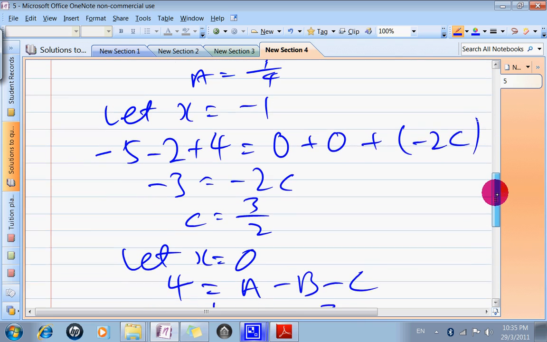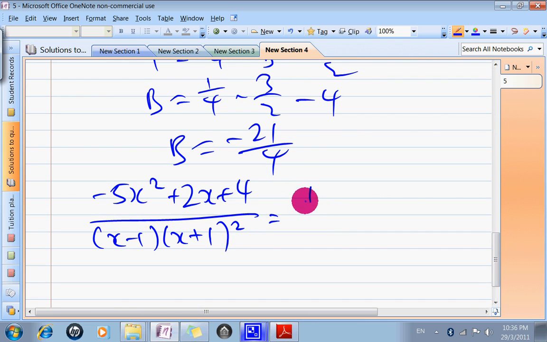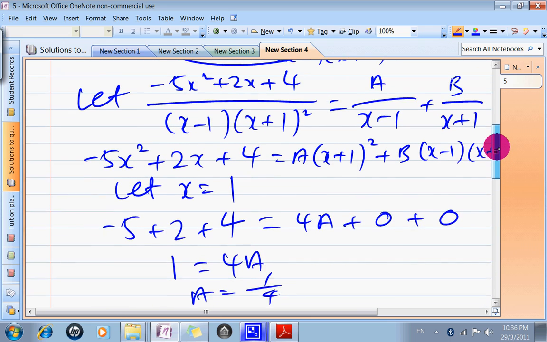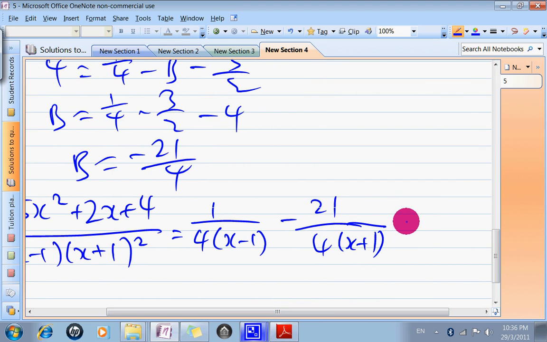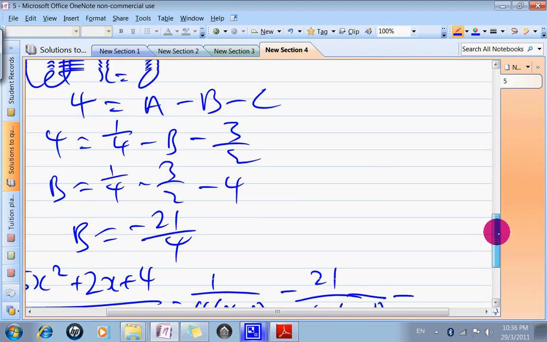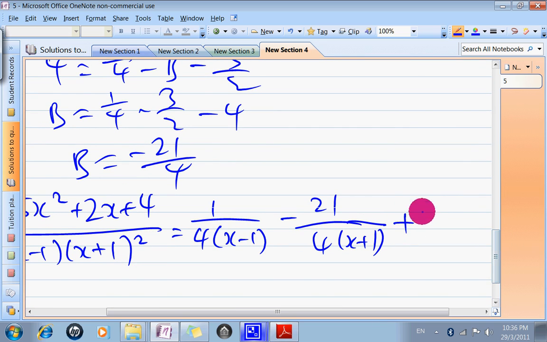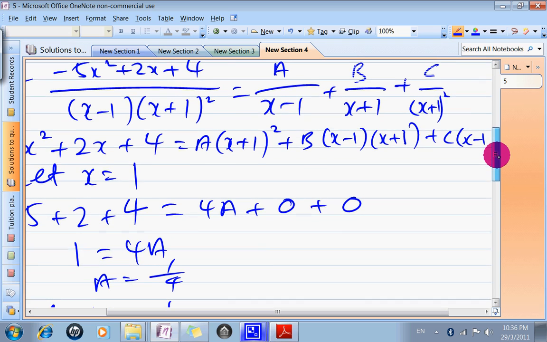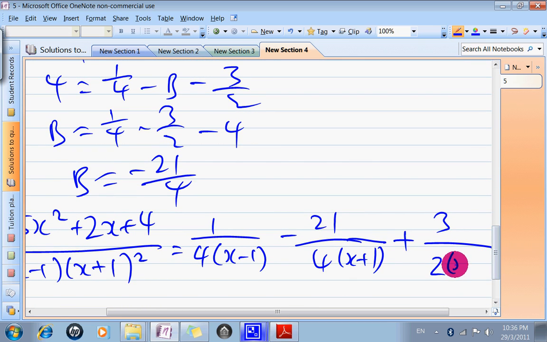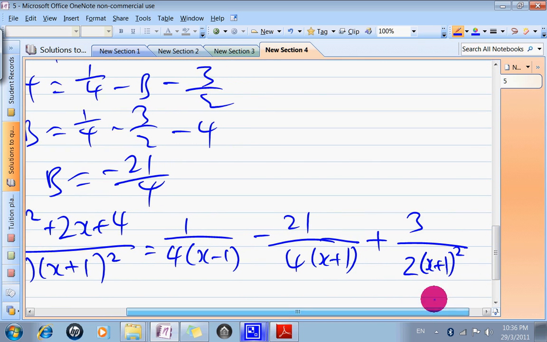So A is 1 quarter, 1 over 4 times x minus 1. B is minus 21 over 4, and the denominator is x plus 1, plus the C is 3 over 2, and the denominator is x plus 1 squared. Okay, x plus 1 squared.